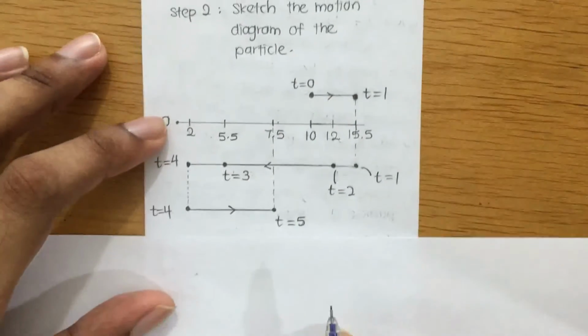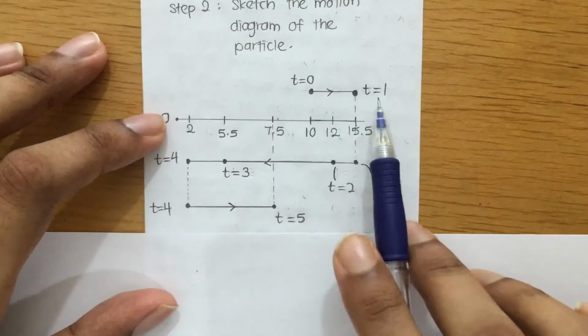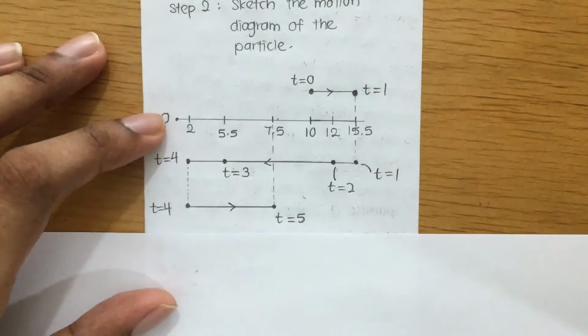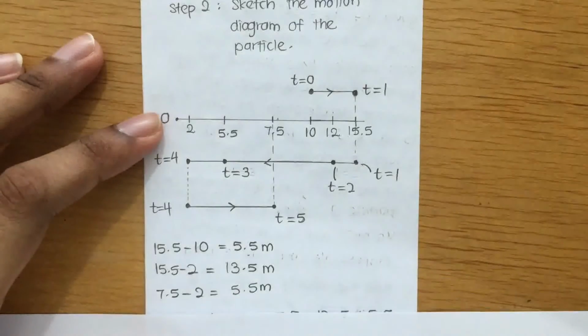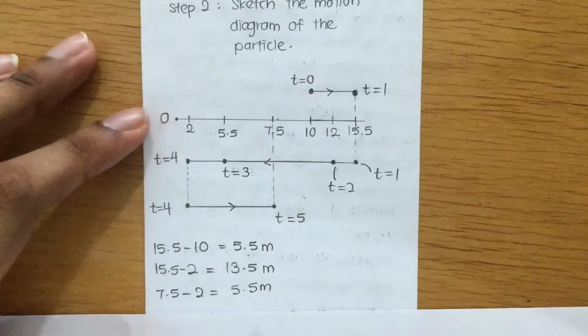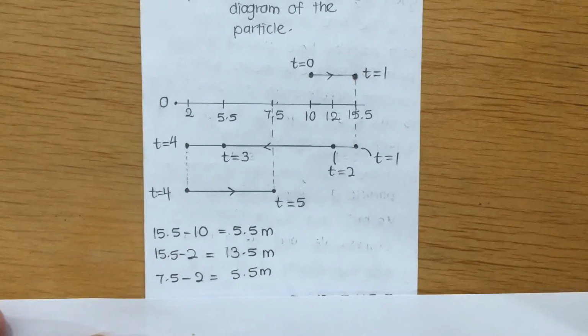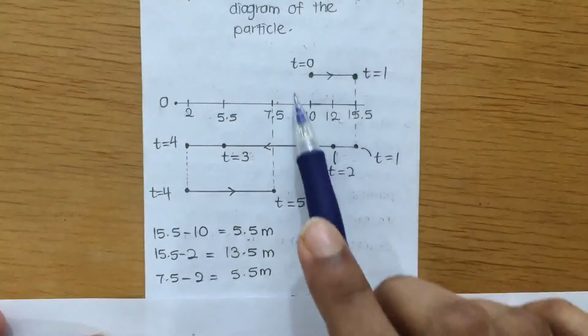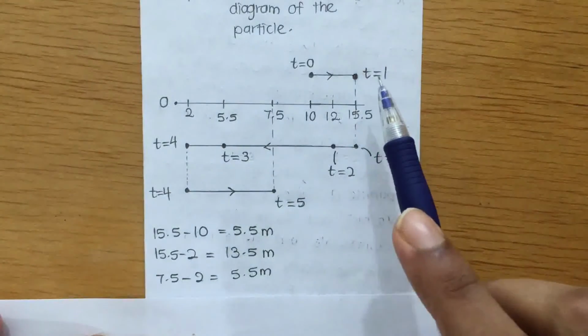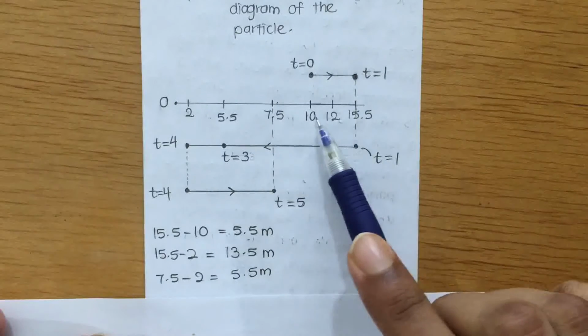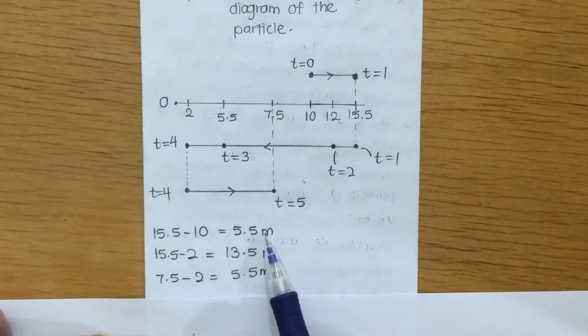Once you have identified the motion diagram of the particle, the third step is to calculate the total distance traveled. It's very simple. For the first motion, you calculate 15.5 minus 10, so you get 5.5 meters.